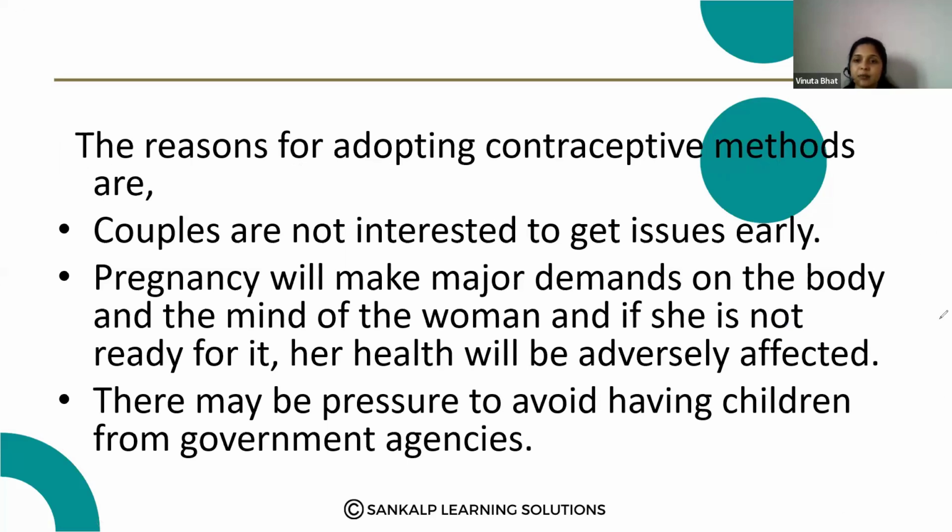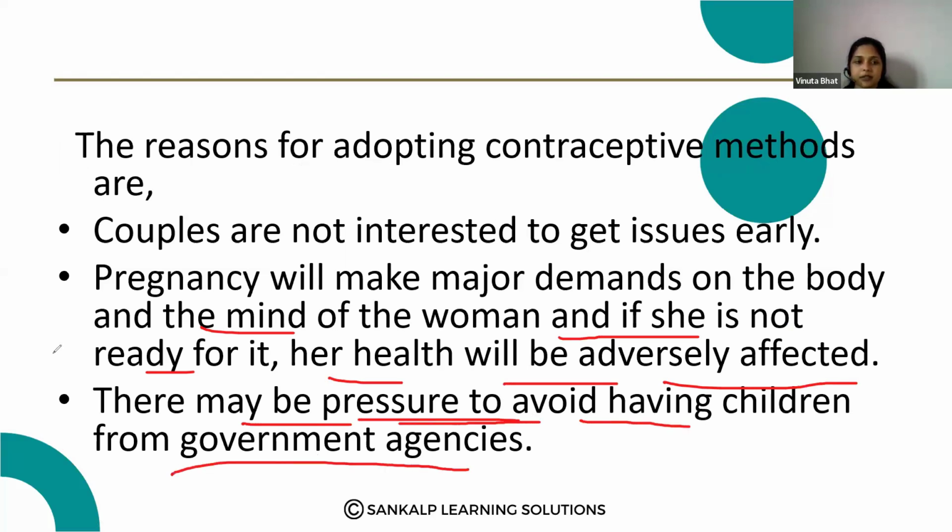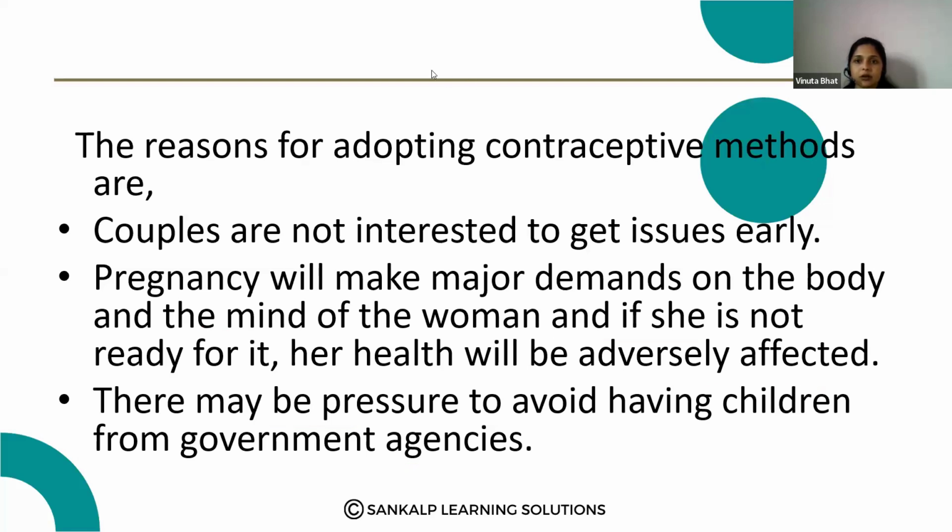Pregnancy makes major demands on the body and mind of the woman, and if she is not ready for it, her health will be adversely affected. There may be pressure to avoid having children from the government agencies. So these are the reasons behind adopting the contraceptive methods. Please note down the question.